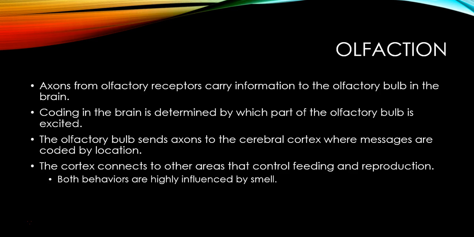Axons then, after they go to the olfactory bulb, coding is determined by which part of the olfactory bulb is excited. And it seems to be that then the axons send these messages to the cerebral cortex, and the cerebral cortex codes your sense of smell by what part or what location of the cortex is activated.